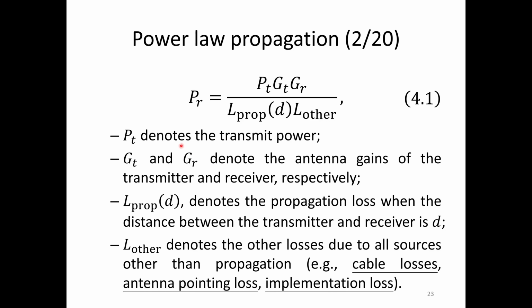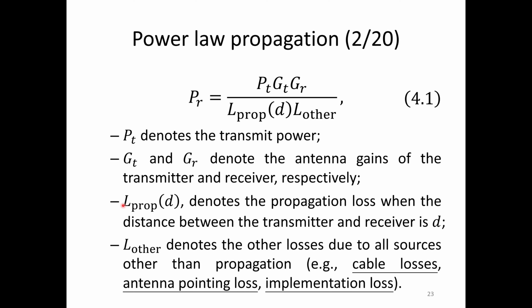Where PT denotes the transmit power, GT and GR denote the antenna gains of the transmitter and the receiver respectively. So please note that the transmit and receive antennas also have their gains.